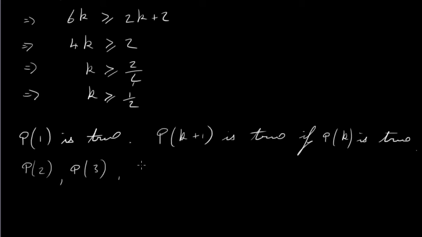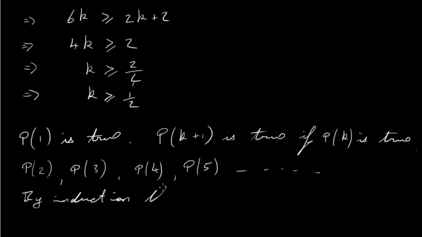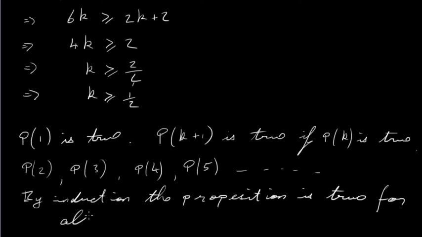If it works for 3, then P(4) must be true, and P(5) must be true, and so on and so on. So we'd say by induction, the proposition is true for all n an element of N. And that's it.